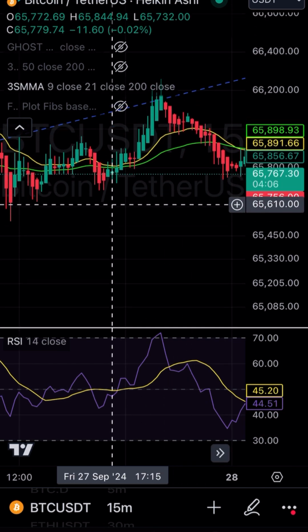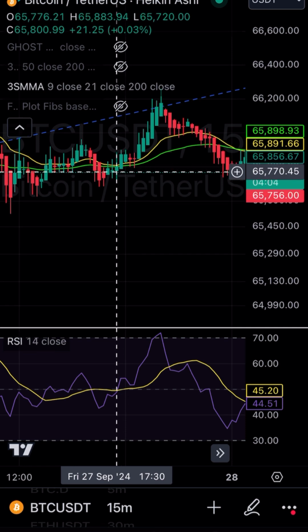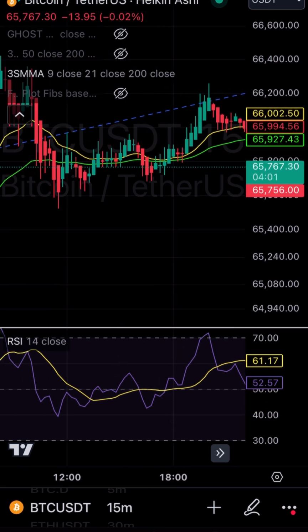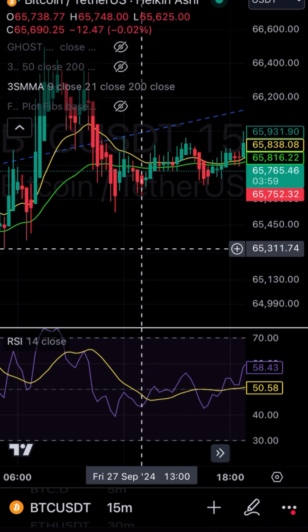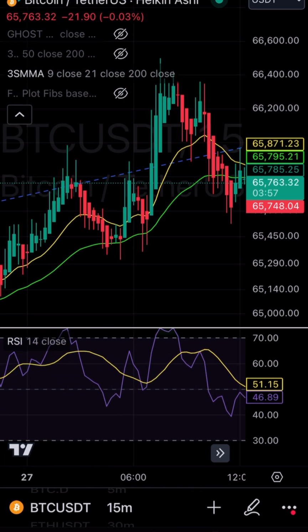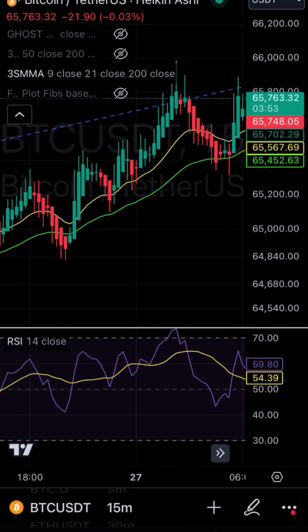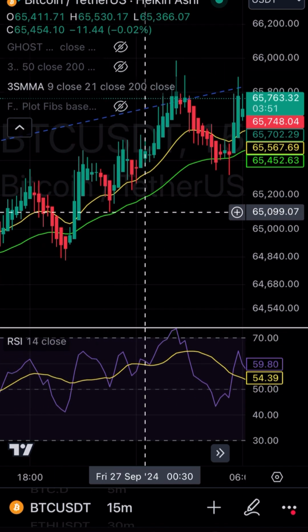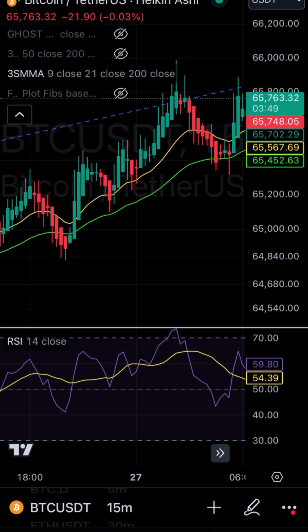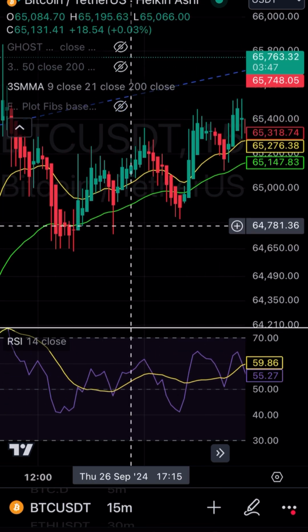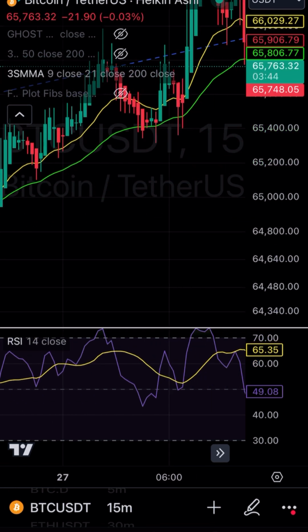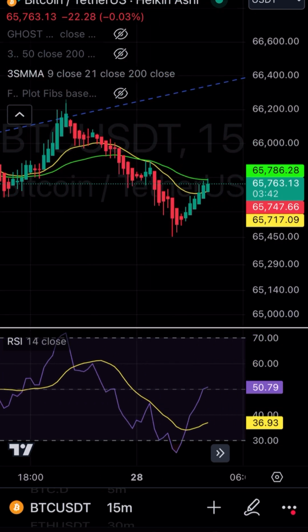It's not crossing right there, but the RSI crosses right here, here, here, here, and here. So there are many moments where you can use this.